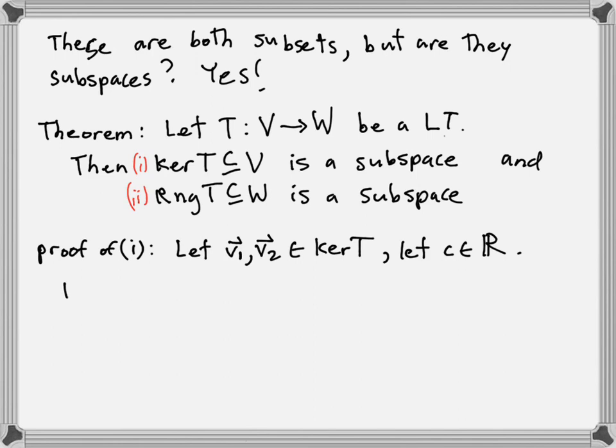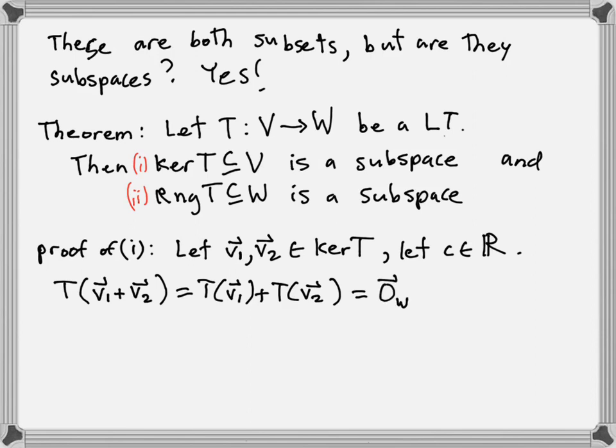You have to take T of that thing. It's all the vectors that go to 0, right? So what is T of v1 plus v2? By linearity, this is T of v1 plus T of v2, but these are both 0 because v1 and v2 are in the kernel. So we have 0 plus 0, which is equal to 0. So this implies that the kernel of T is closed under addition.